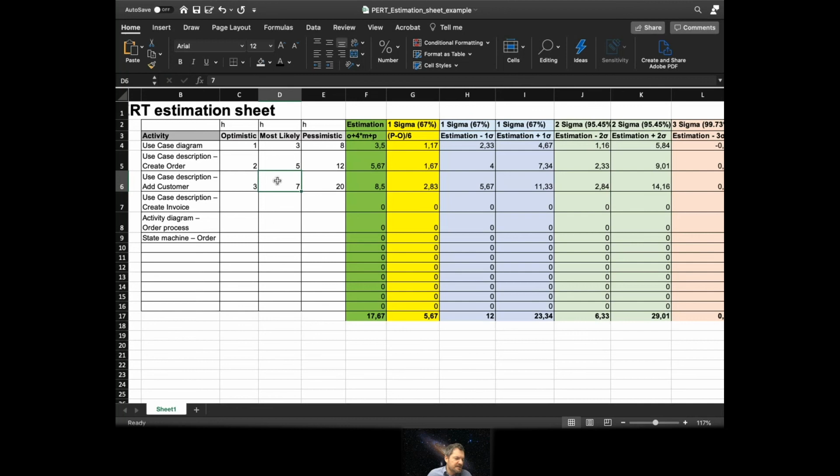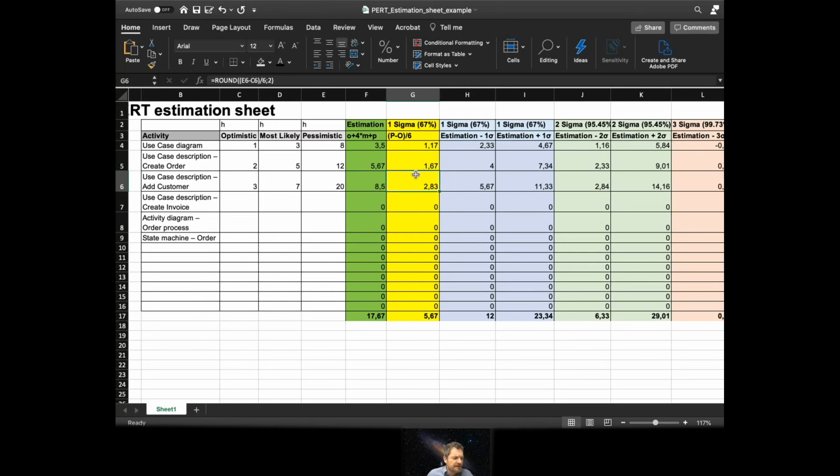You see, usually I would have said 7. If everything went well, I say, okay, 3. Let's say these are hours, and here we have 20 hours of work, and let's take 8.5 as the value, for example. If I want to know when my project will end, I can take sigma into account.